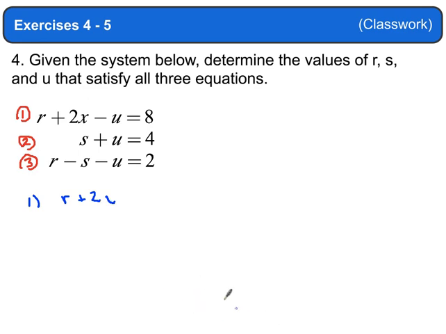There is a typo that we need to correct and address. This is not actually an x, this is actually an s. It would not be good news for us if it was actually an x. So 2s minus u equals 8, and then we're going to have s plus u equals 4.